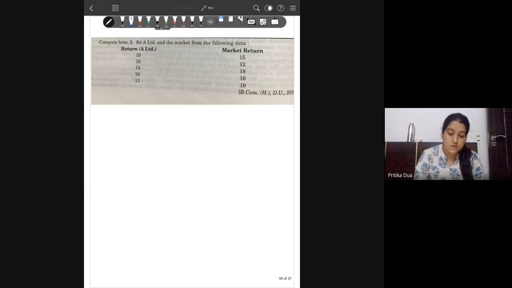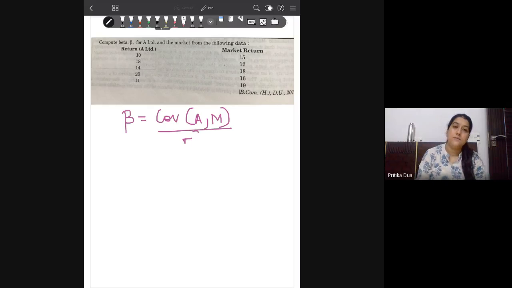For calculation of beta, the formula is covariance between, say, security A and M upon variance of the market. This is the formula.